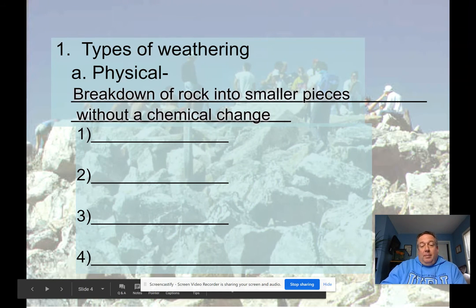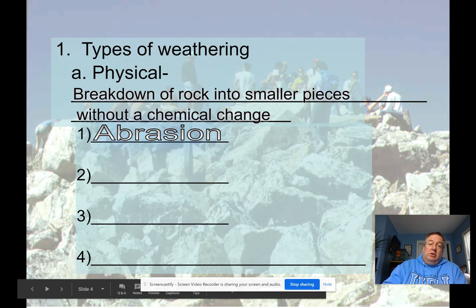There are four main types of weathering that we're going to worry about for physical or mechanical weathering. Abrasion, which you may have heard that term, is basically scraping. Think of a rock bouncing along the bottom of a riverbed or at the beach as the waves come in and push the sand up and then push back down, that sand is scraping against a rock.